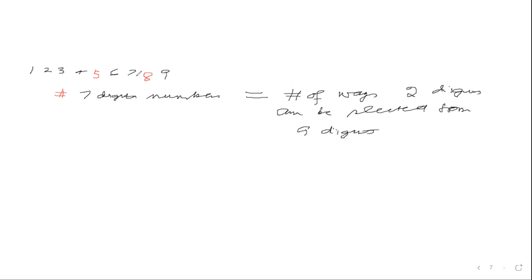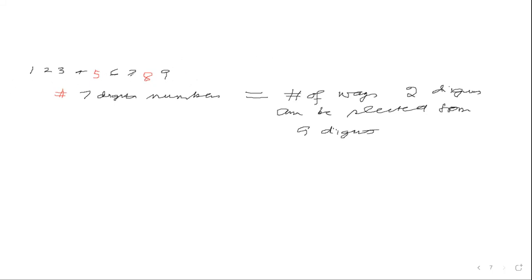Each time I select 2, like 5 and 8, I've got a 7-digit number. If I select 2 and 9, remove them, I've got a 7-digit number. If I select 4 and 6, remove them, I've got a 7-digit number. All the numbers are increasing. And conversely, whenever you have such a 7-digit number, it is obtained by removing 2 digits. So they both give you the same count.